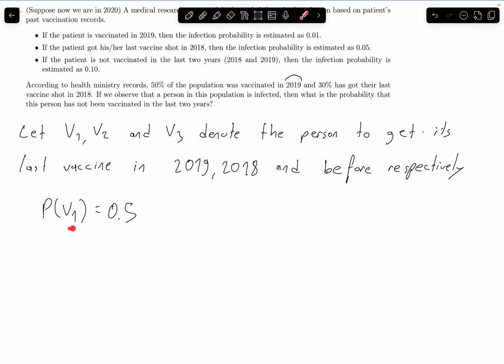This one stands for that one. And the probability of V2 is 0.3, and the probability of V3, the remaining part, is 0.2.